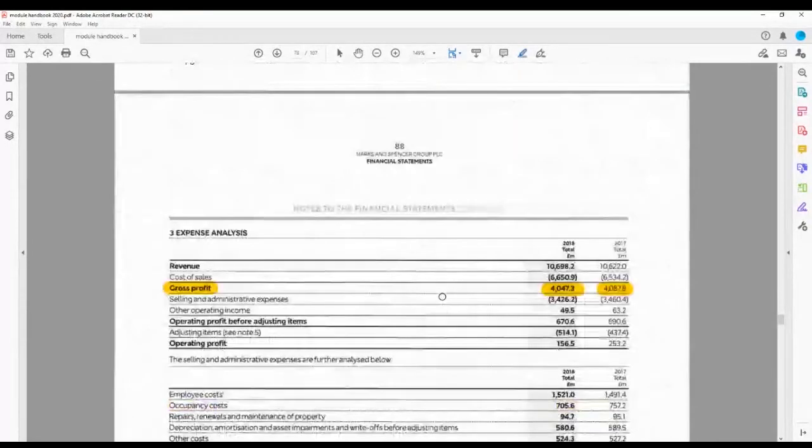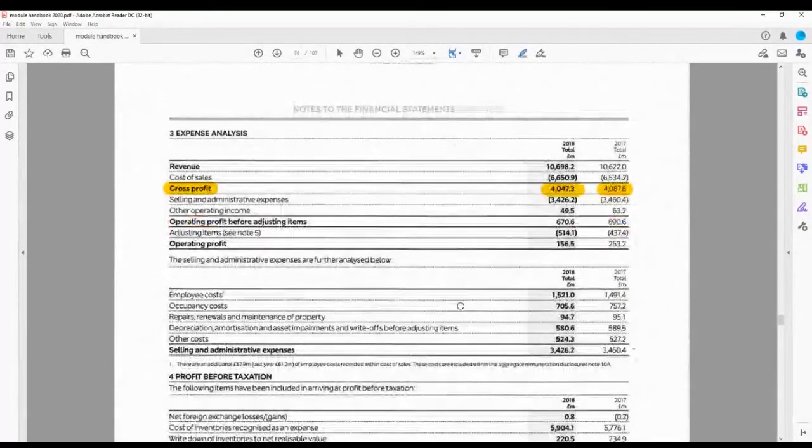And note 3 actually gives a breakdown of our income statement. And here I can find the figure of gross profit. I will note it down to be used in the calculations. So that was one figure which I needed.